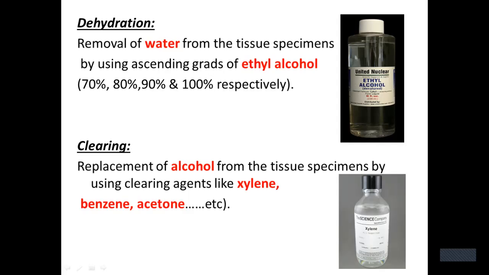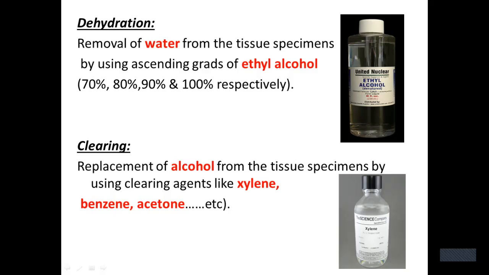There are several types of dehydrating agent, but the most common is ethyl alcohol. The ascending grade begins with 70%, then 80, 90, and 100 percent respectively. This must be done respectively by the ascending grade of ethyl alcohol, which is very, very important.